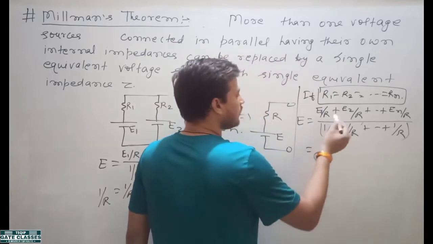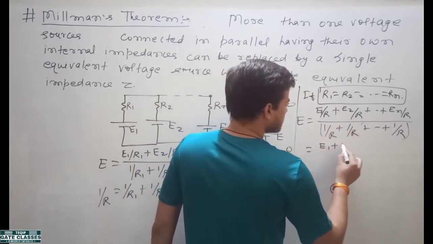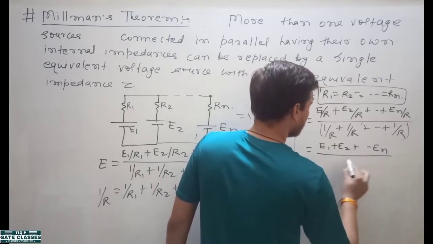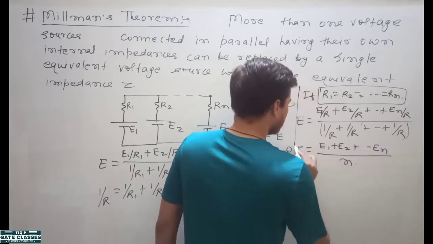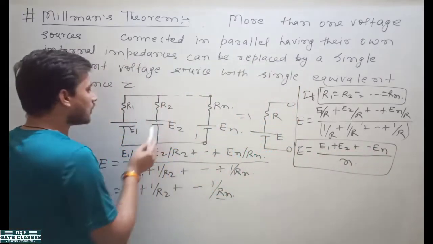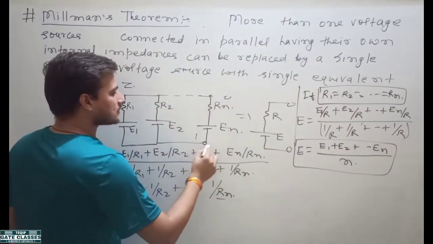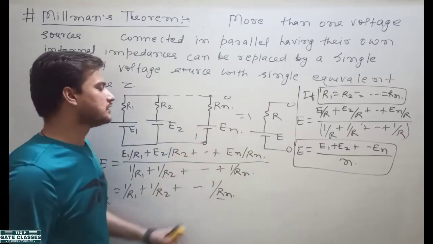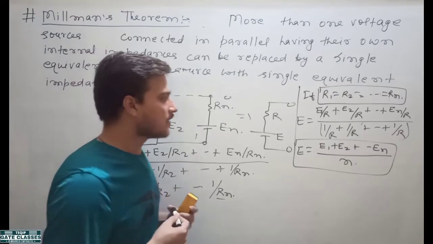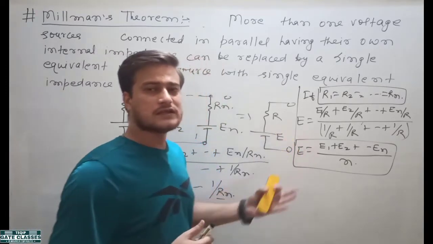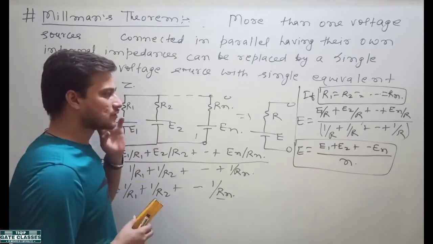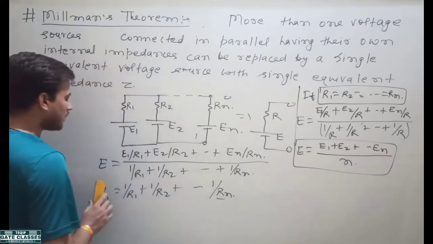So here it will be E1 plus E2 plus up to En divided by n. That means if all the resistances are equal, then the final Thevenin's voltage will be the average of all the voltage sources. Clear?